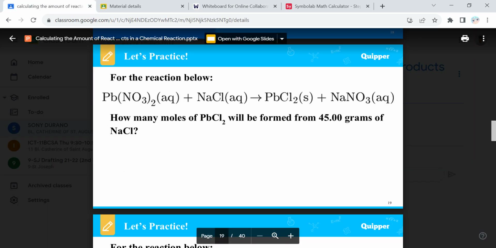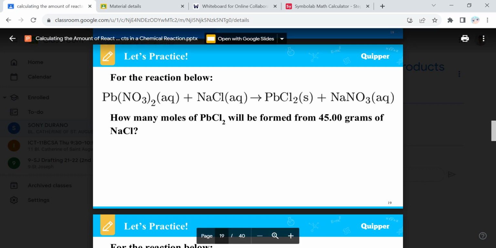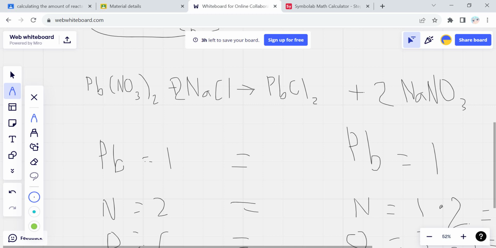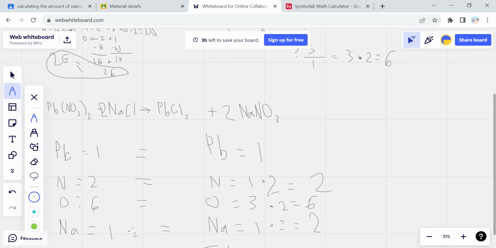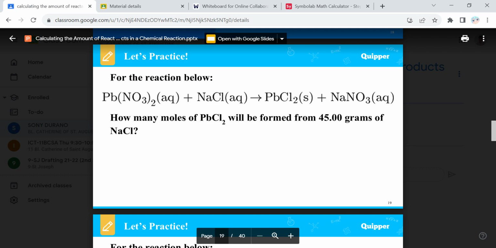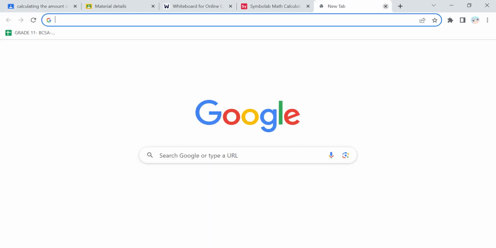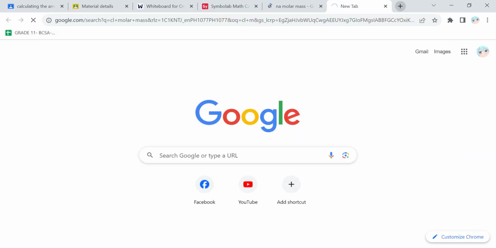how many moles of PbCl2 will be formed from 45 grams of NaCl? As you can see, for every 2 moles of NaCl, we get 1 mole of PbCl2. To convert, we first have to get the molar mass of NaCl. So the Na molar mass and the Cl molar mass.